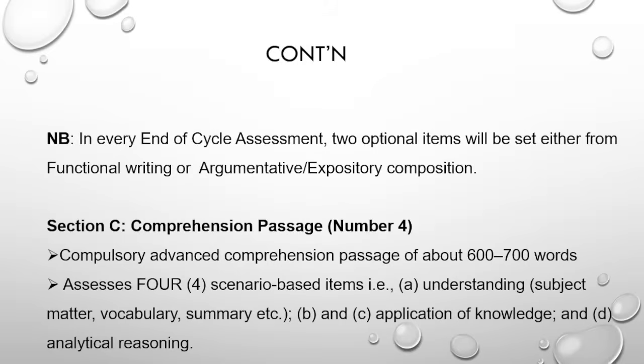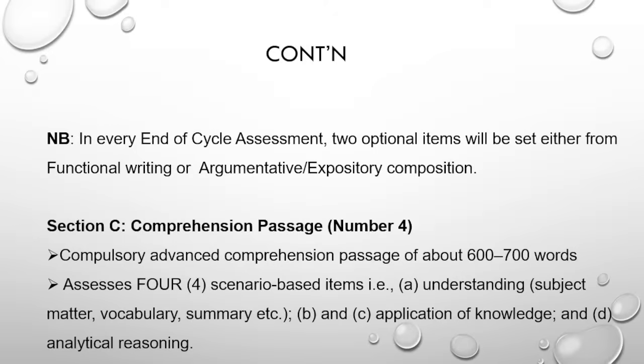The first item is going to assess understanding. That may fall within the category of subject matter, vocabulary, summary, or any other item that is within understanding. Then items B and C will test application of knowledge. How is the learner able to use the information in the text to apply to real life situations?